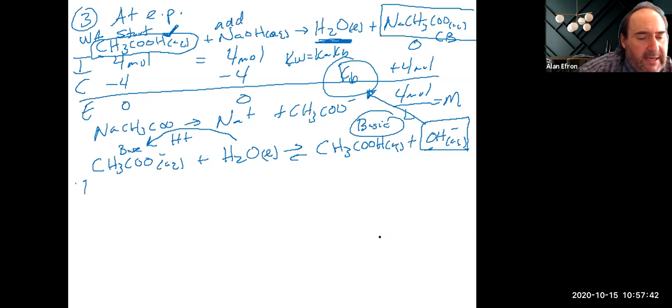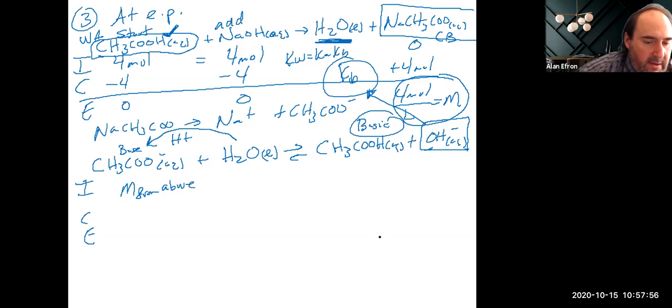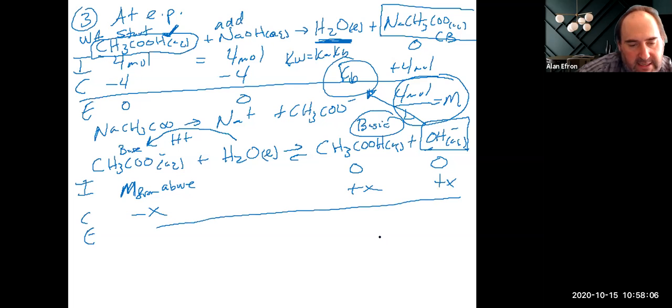So we will do an ice table here. Just like before, we're going to take our equilibrium value. This becomes our initial value. So the molarity value from above becomes our initial value here. These are going to be zeros. This is going to be minus x, plus x, plus x.